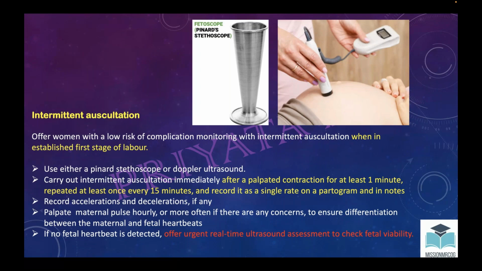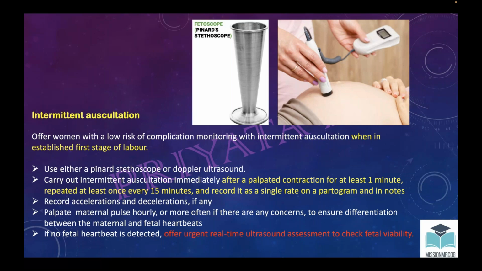Now, there could be a scenario when we try intermittent auscultation and there is no fetal heart. What is the next step? The next step would be real time USG. So you have to do the bedside scan, and you have to look for fetal viability, because there could be many issues.